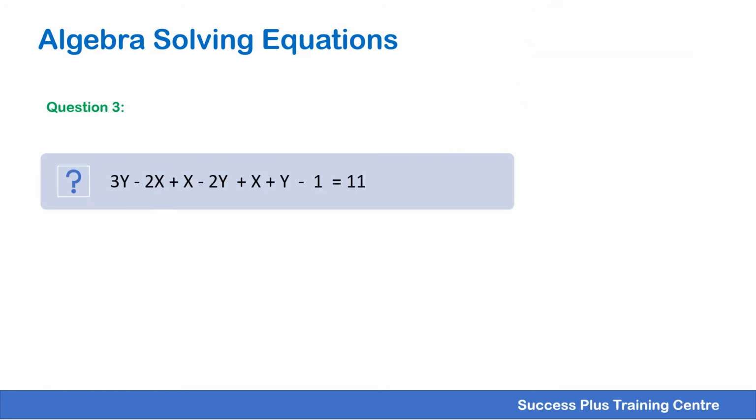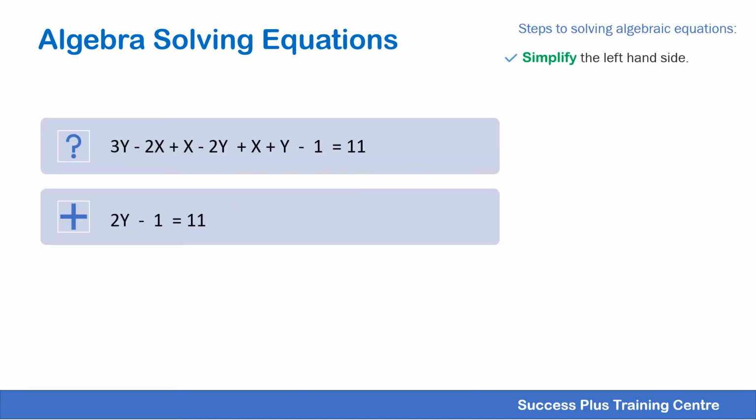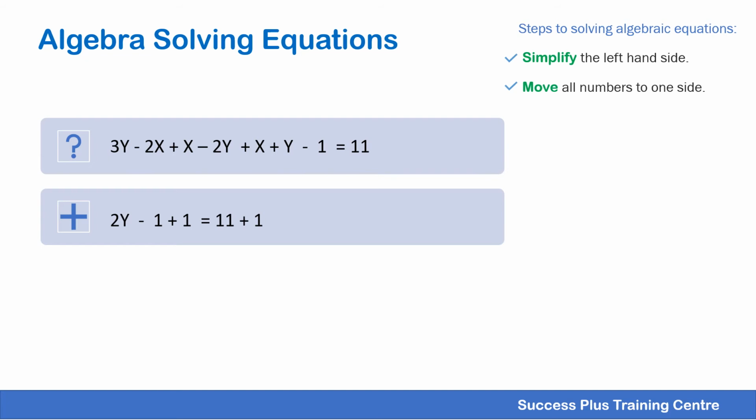The third question. 3y take away 2x plus x take away 2y plus x plus y take away 1 equals 11. Pause the video and have a go. Simplifying the left-hand side of the equation leaves you with 2y take away 1 equals 11. To move minus 1 to the other side, I need to use the inverse of subtraction.